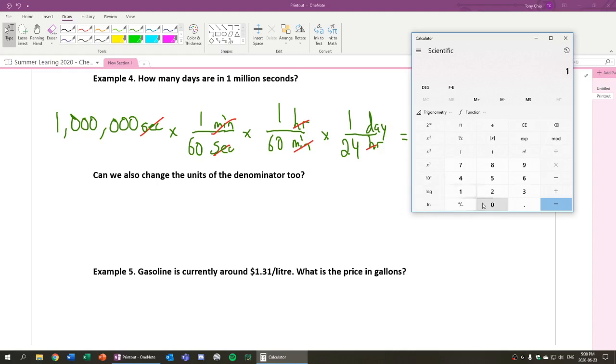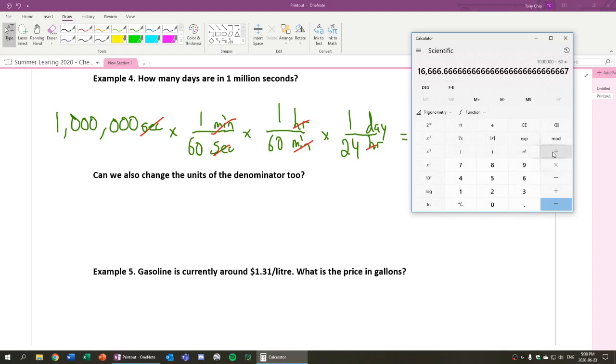So 1 million. Let's plug that into our calculator. How do I multiply this? Well, I multiply across. A million times 1 is still a million. Times 1, still a million. Times 1, still a million. But now I want to divide by the bottom. So divide this by 60, which is how many minutes? It's 16,666 minutes.